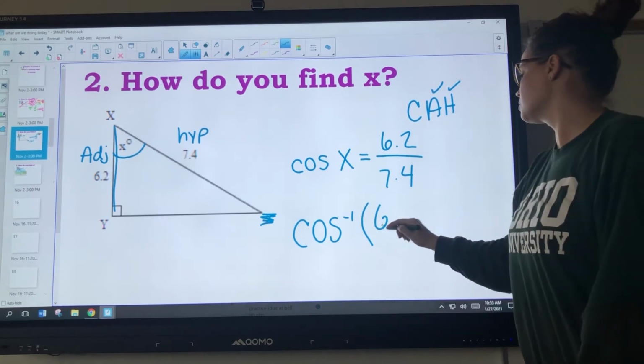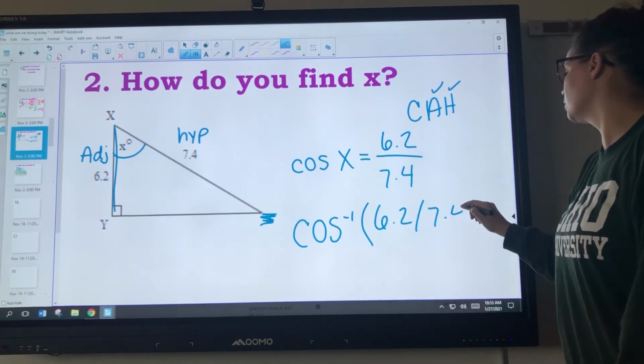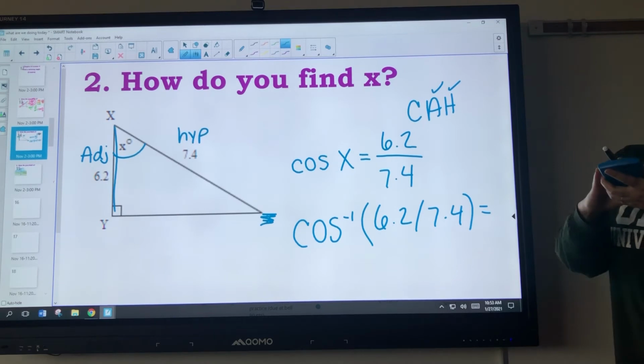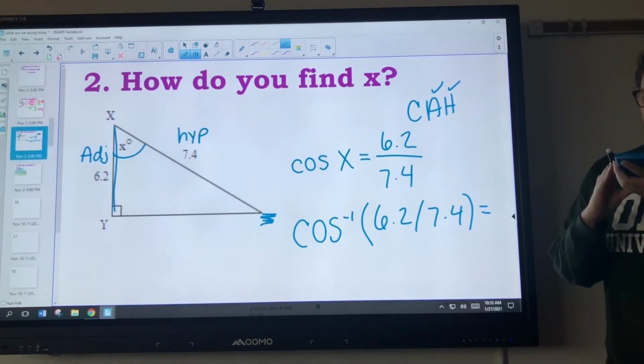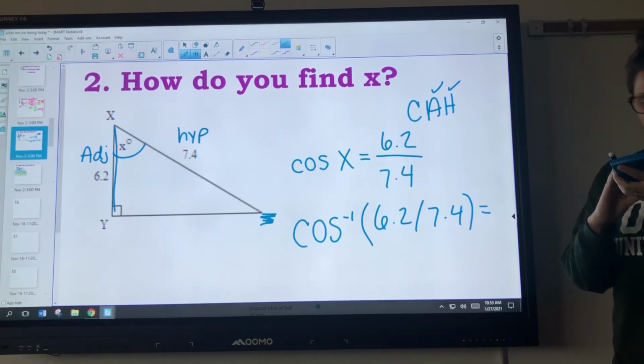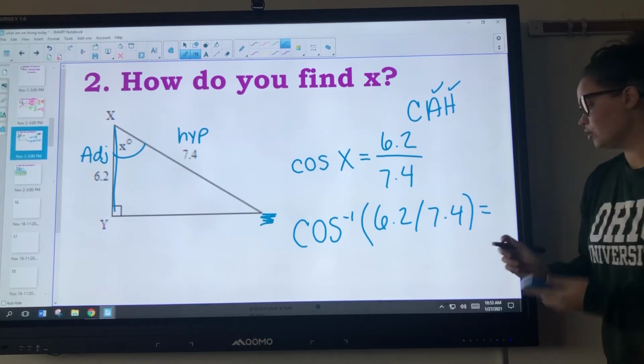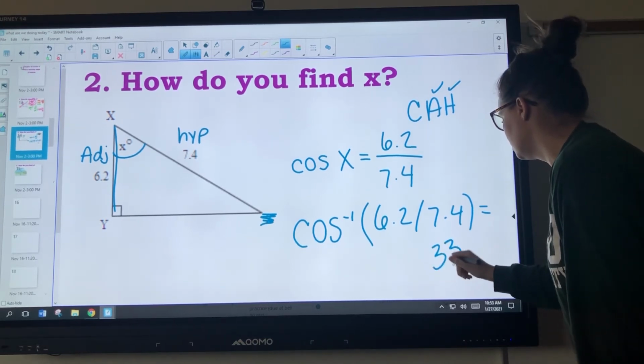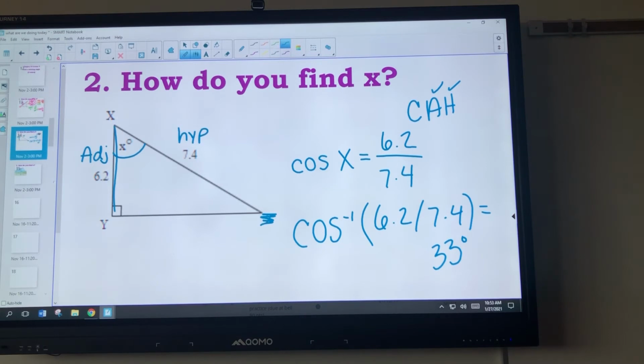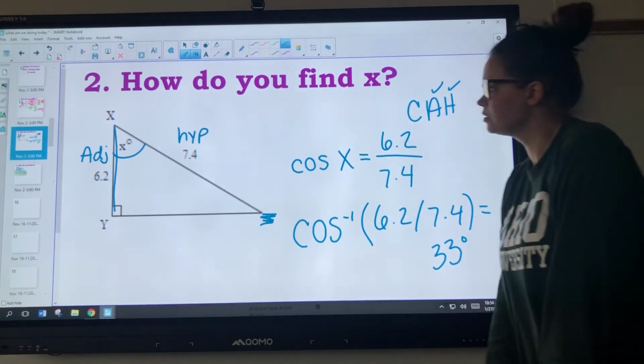And you put 6.2 divided by 7.4 in parentheses. Second cosine 6.2 divided by 7.4. 33 degrees. Usually they don't have you round an angle to like a tenth or something.